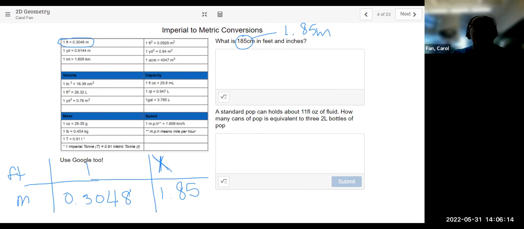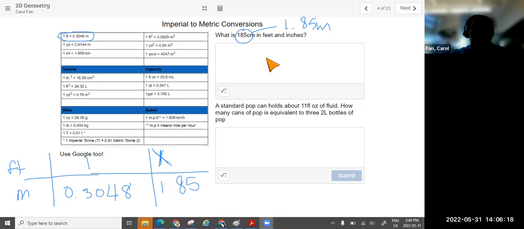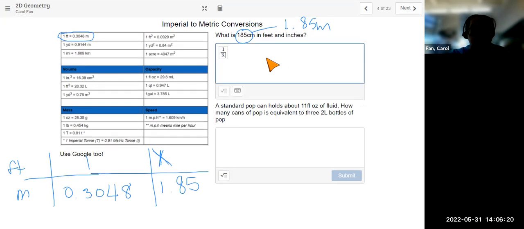Let's set up the ratio. 1 over 0.3048 equals x over 1.85. Let's cross multiply. 1.85 divided by 0.3048 is equal to x.